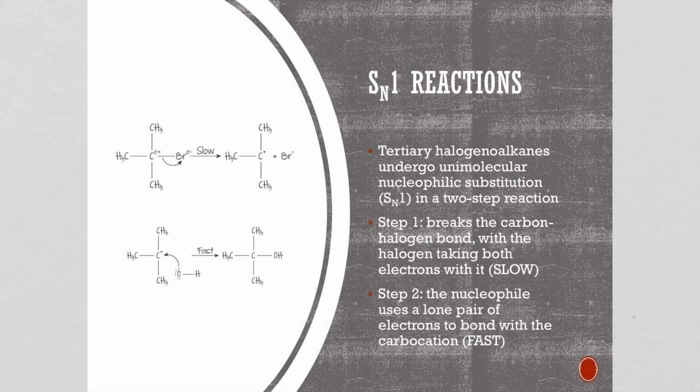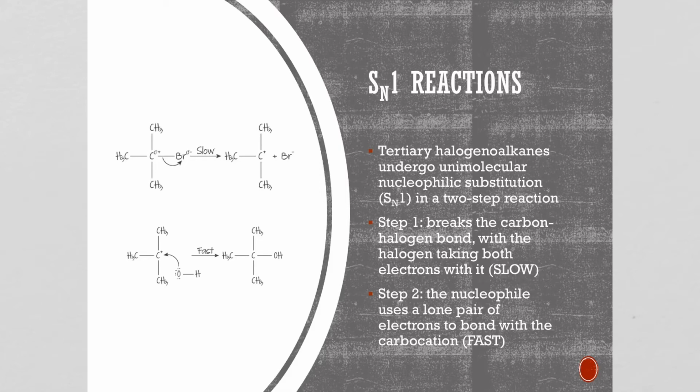So SN1 reactions are when you have tertiary halogenoalkanes, and they undergo unimolecular nucleophilic substitution, so SN1, and it is a 2-step reaction. So in the first step, we're breaking the carbon-halogen bond, with the halogen taking both of the electrons with it.